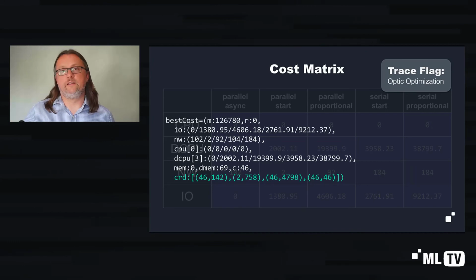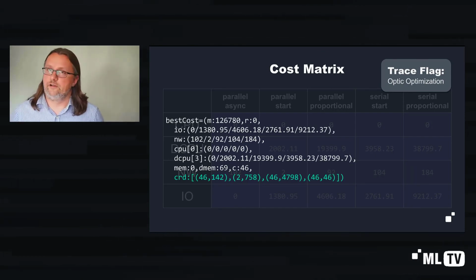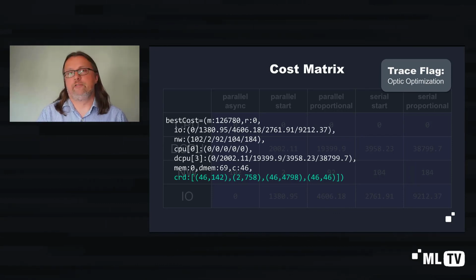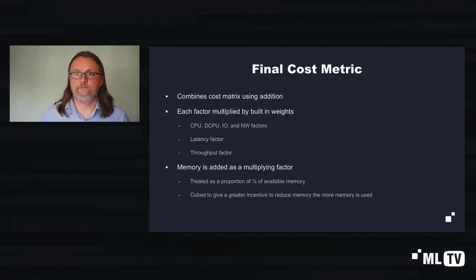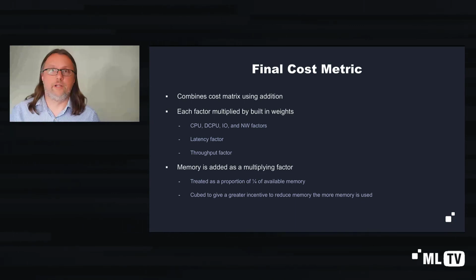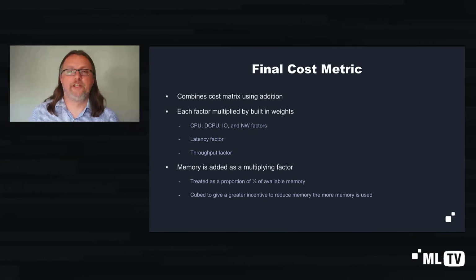And the last line there contains cardinalities of each of the columns from the query. At the end of the cost function, those cardinalities aren't very useful. They're used for estimating the joins and how many results are going to come back from those joins. So when we want to get the final number that we actually consider to be the cost, we combine all of that matrix of information together.